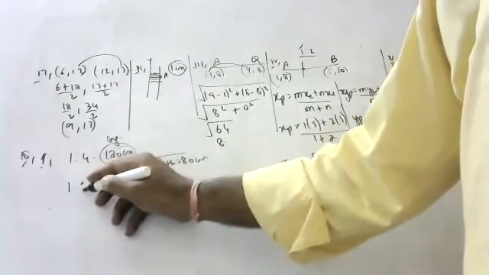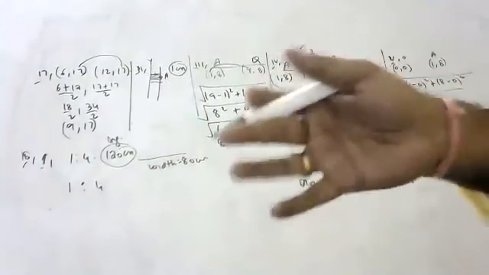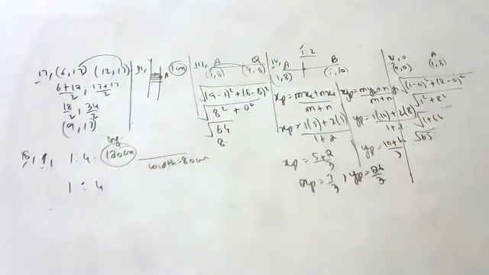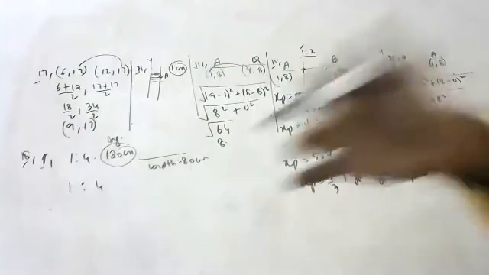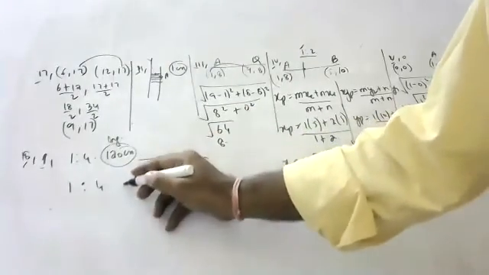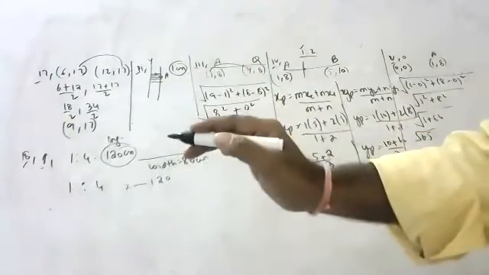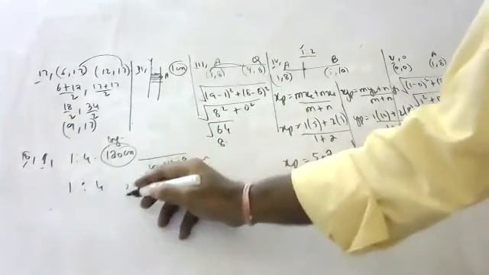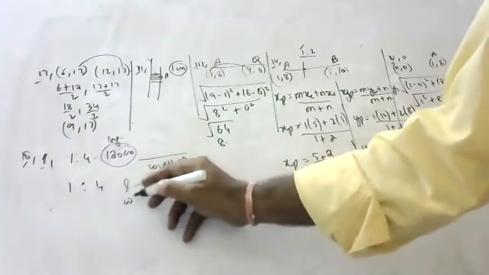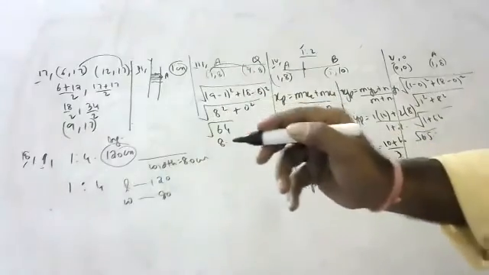Children, one part is made into 4 parts. Try to understand. Whatever was initially there is made into 120. The initial width is made 80.